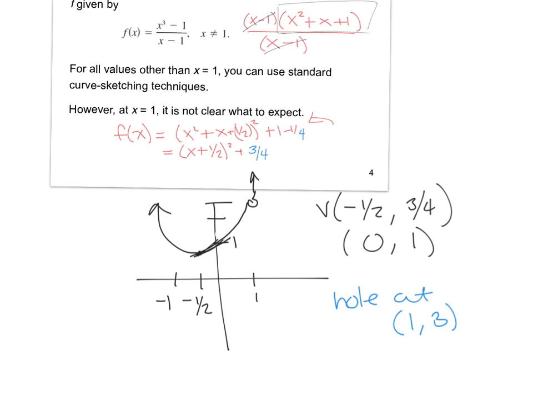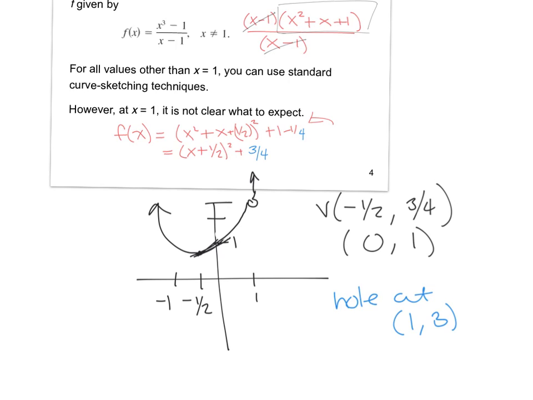However, because I know that x cannot equal 1, I know that this function must have a hole somewhere. And where does that happen? Let's go ahead and substitute 1 in here. 1 squared plus 1 plus 1 is 3. So I have a hole at 1, 3. Even though x cannot equal 1, it doesn't. That's what that hole represents.